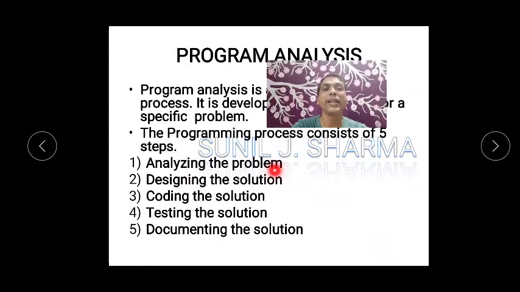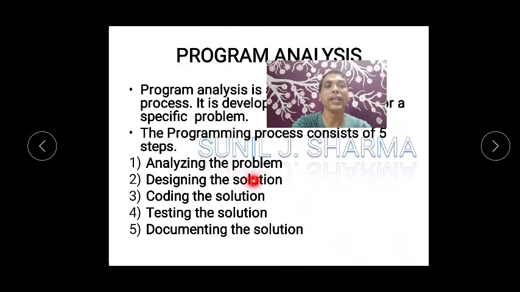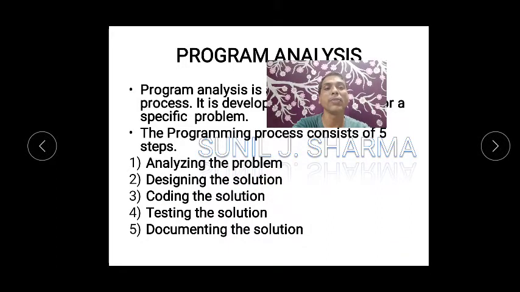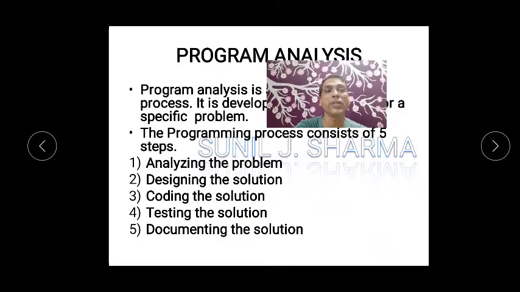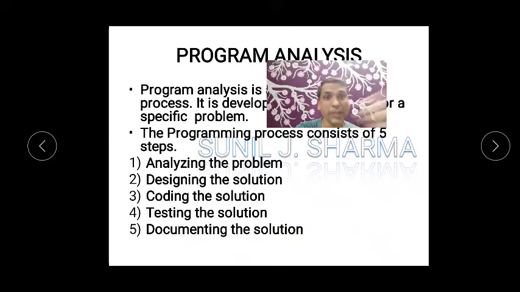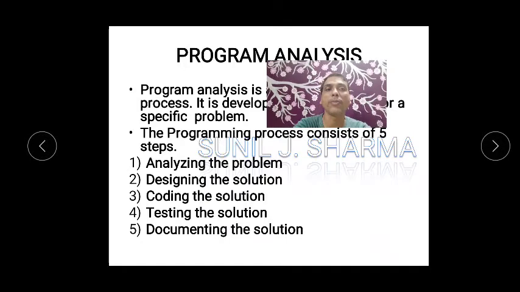First of all, analyzing what your problem is, then designing or planning on paper, then we will write a code because we are dealing in terms of computer programming languages, then testing the solution, and finally documentation, whether it will run on which type of platform, like how we have a user manual.